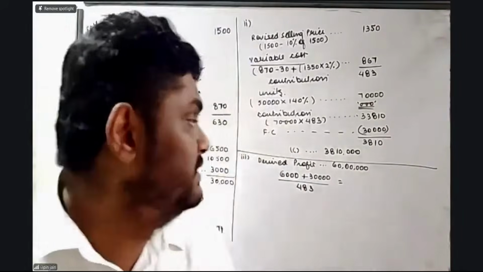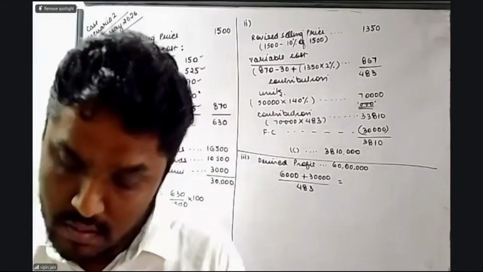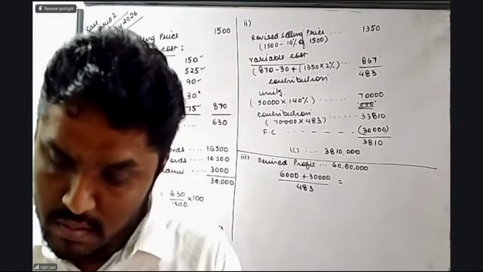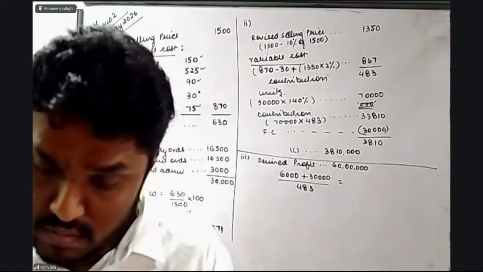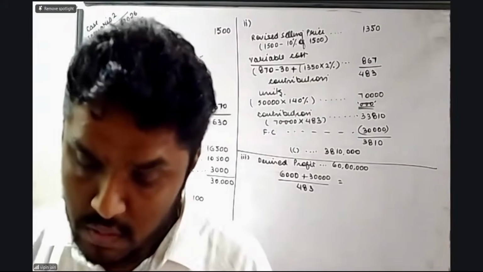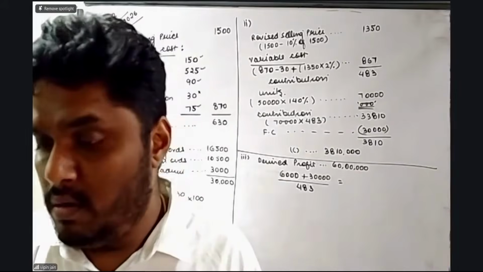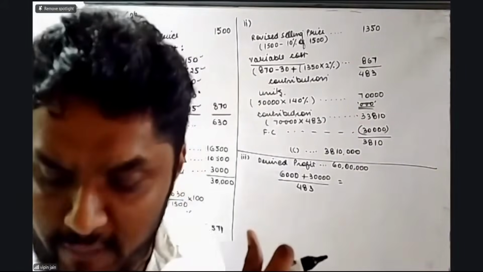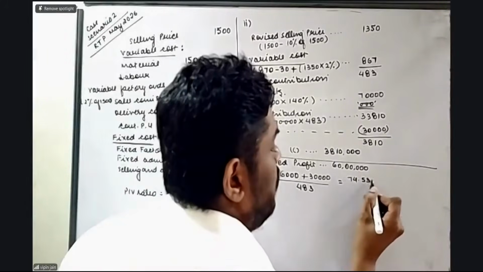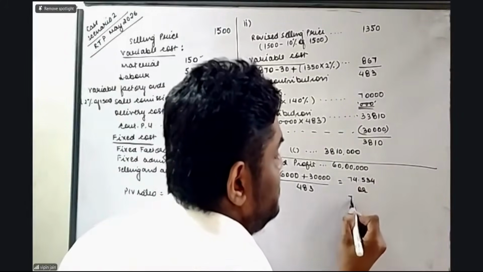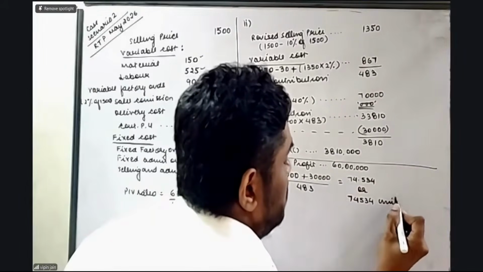So it is not 6,000, it is 60 lakhs. So it will be 74.534, or we can say 74,534 units.